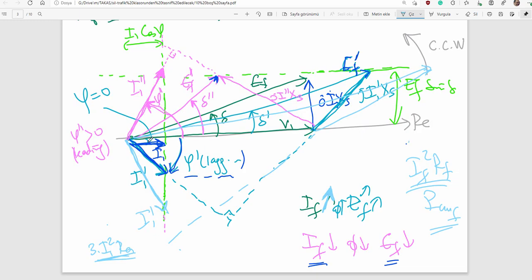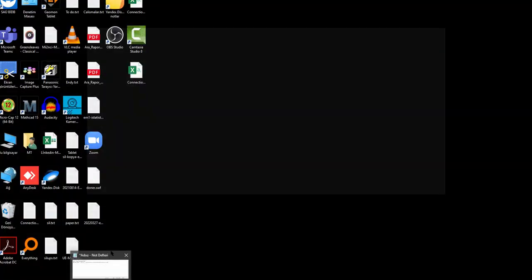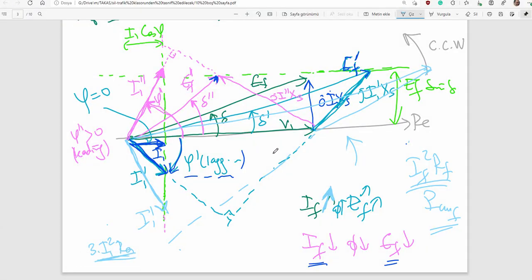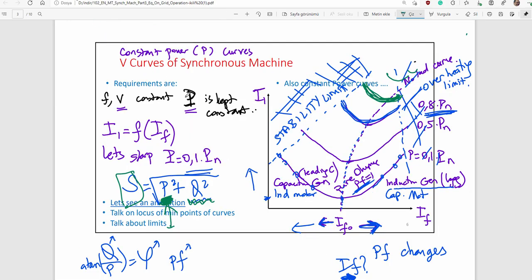As a second method, I use phasor diagrams of the generator. Someone can also use phasor diagrams of the motor. Similar results will be reached, and the results will be reversed.